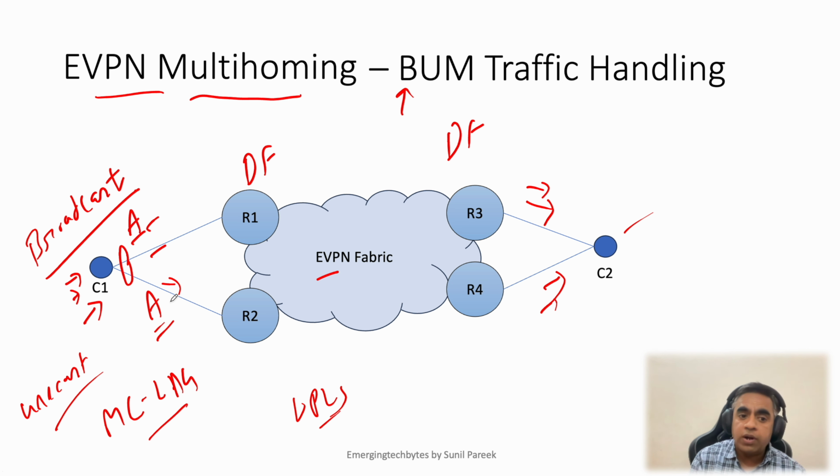In case of broadcast, first of all, from CE1 side, this is a port channel, a LAG interface. That means when the broadcast is generated, it will be sent on either this link or this link based on the hash.